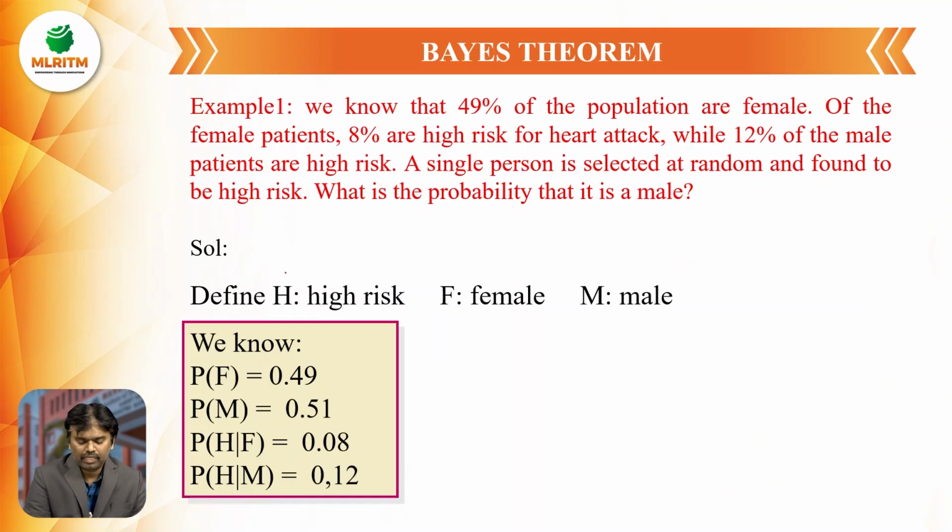So here I am defining the events. H is high risk, F is female and M is male. You know that the probability of female is 49%, so that is 0.49.